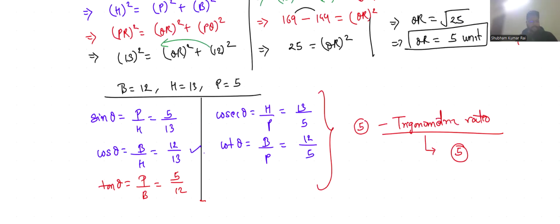Okay, now. So let us take one more different type of question, that is type 4 question. So let's discuss the type 4 question based on this concept, right? Okay, so the question says that if cot theta is equal to 7 upon 8, evaluate.